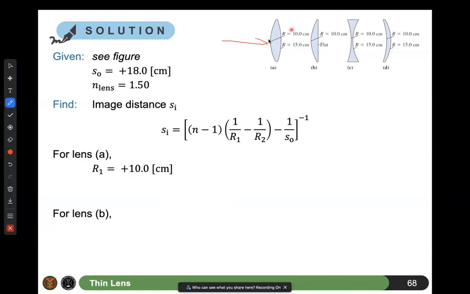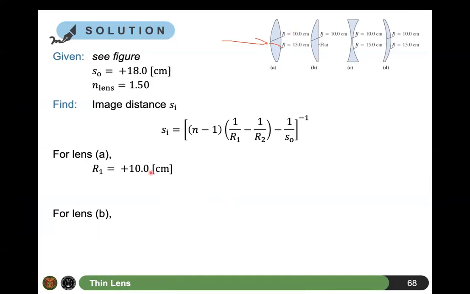Now, magre-refract siya sa loob, tapos tatama naman sa R2, which is yung 15 centimeters. Since concave naman to, yung R2 will be negative. Okay? So, ganun lang. Applyan nyo lang for each surface. Now, we plug in our values. Alam natin yung N, alam natin yung SO, and we get this image distance.